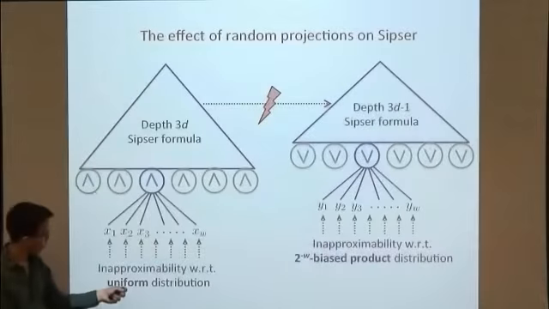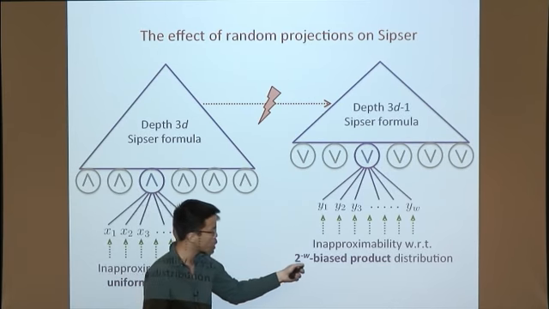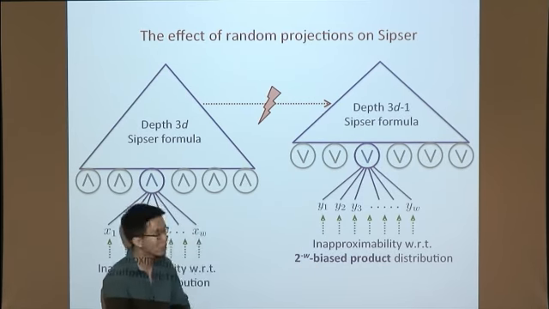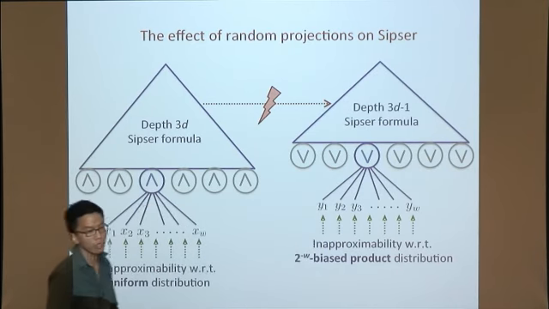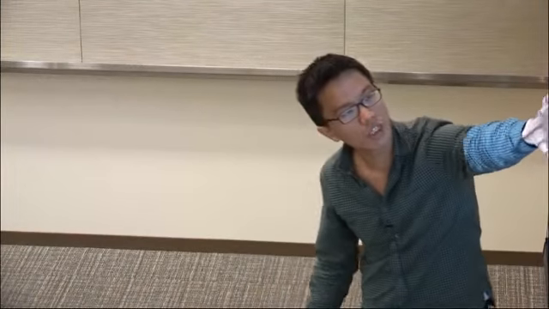You go from depth 3D to depth 3D minus 1 very nicely, and your job, instead of proving hardness according to uniform distribution, you prove hardness according to the 2 to the w bias product distribution over your new variables yj. And again, what's each yj? Each of these collapses to a new variable, this collapses to a new variable, this collapses to a new variable. Okay, so what's nice is your target remains very structured, and your goal remains very structured. Your goal goes from product distribution to product distribution to product distribution.